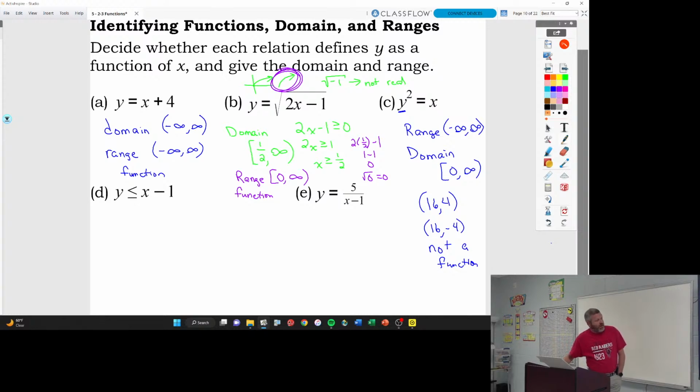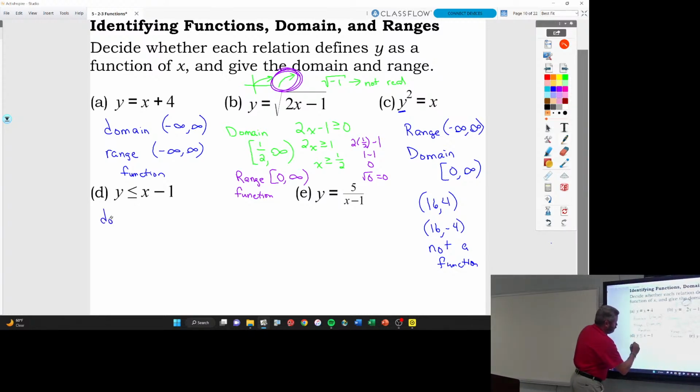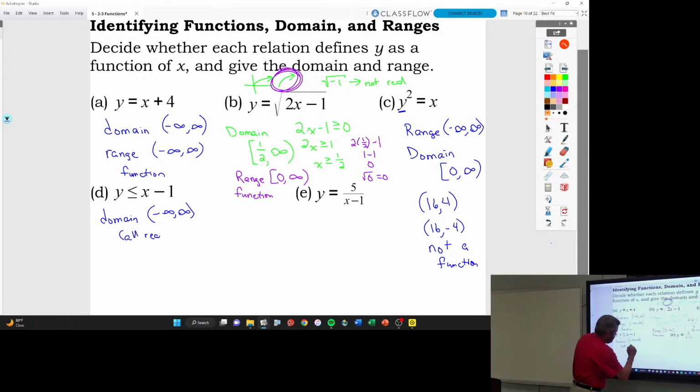I don't care what number you give me for x, I can subtract 1 from it. And so the domain is all real numbers. So negative infinity to infinity, which is the same thing as saying all real numbers.